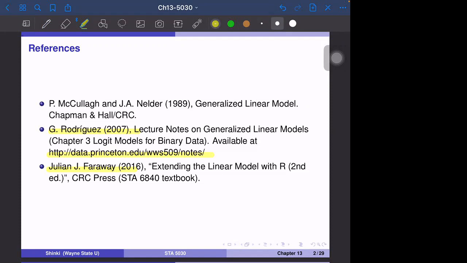You can start reading this textbook now, and it has more explanations and more techniques for diagnosing logistic regression and more generalized models. The first one is a kind of classic book, a little bit more difficult and theoretical, McCullagh and Nelder's generalized linear model book.